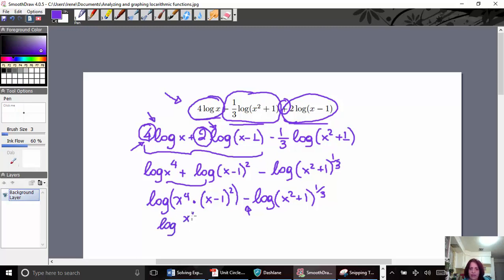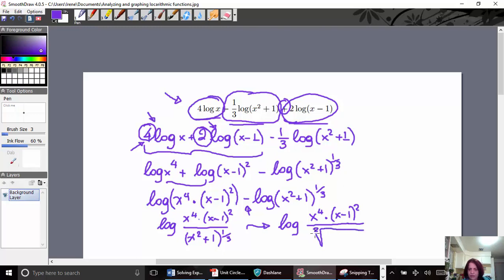And I have log of x to the 4th times x minus 1 squared divided by x squared plus 1 to the 1/3. Now the exponent 1/3 is nothing else than the cube root of the argument. So I can rewrite that into log of x to the 4th times x minus 1 squared divided by the third root of x squared plus 1.